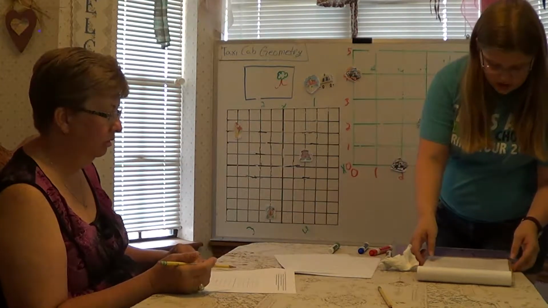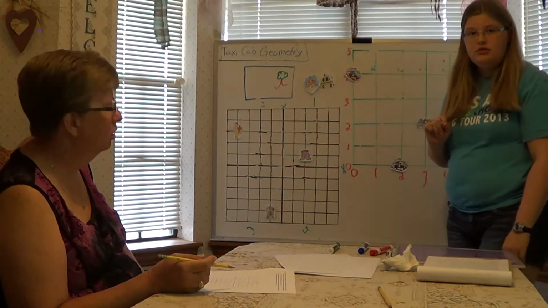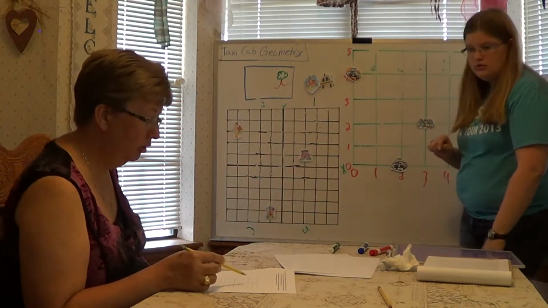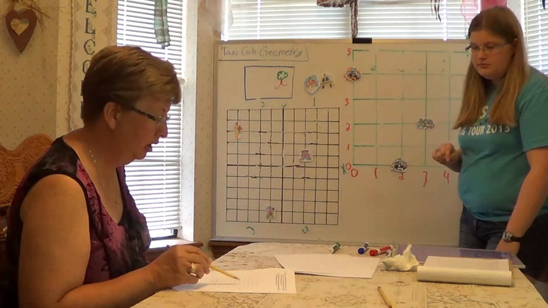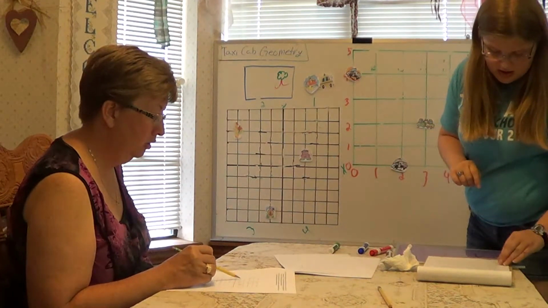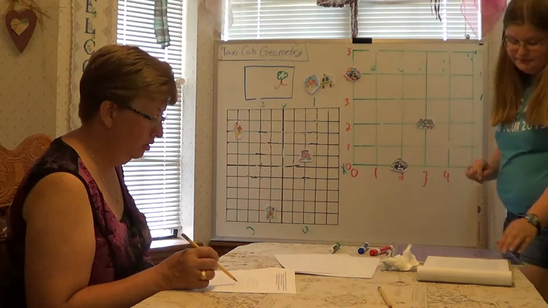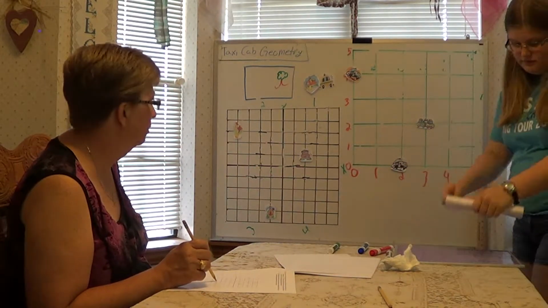Okay, and so, how far apart are Fillmore and Grant? Fillmore and Grant are 1, 2, 3, 4, 5, 6, 7, 8 blocks. Okay, so how far away are Grant and Harding? 1, 2, 3, 4, 5, 6, 7, 8 blocks.